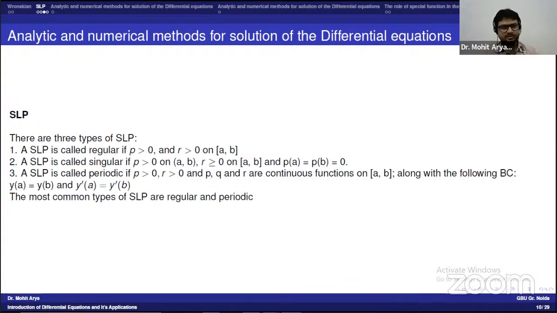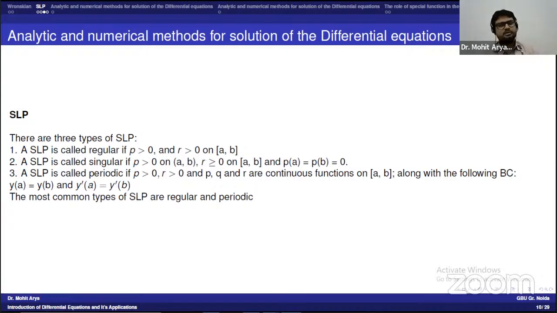The first SLP is called regular if p is positive and r is positive in the interval [a, b]. Second, SLP is called singular if p is positive on the open interval (a, b) and r is greater than or equal to 0 on the closed interval [a, b], and p(a) equals p(b) equals 0.